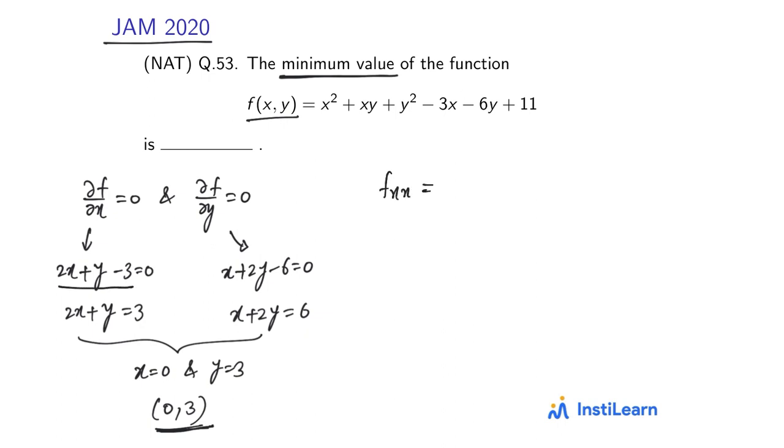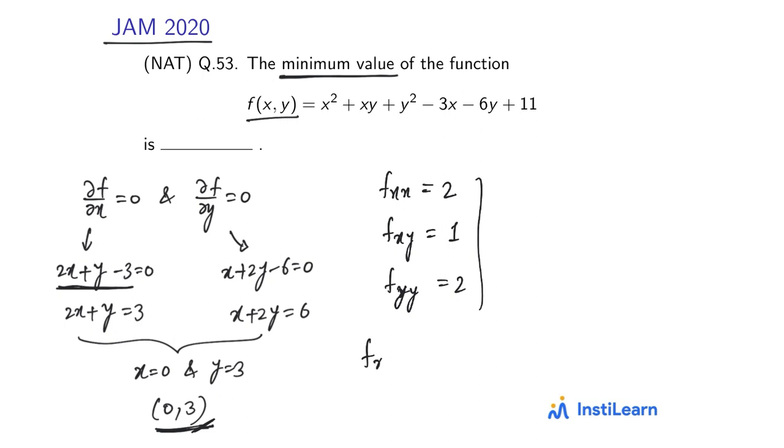So first we would find fxx. Since this is fx, fxx would be 2, fxy would be 1 and fyy would be 2. Now these are constants, so the value of these at (0, 3) would be the same.